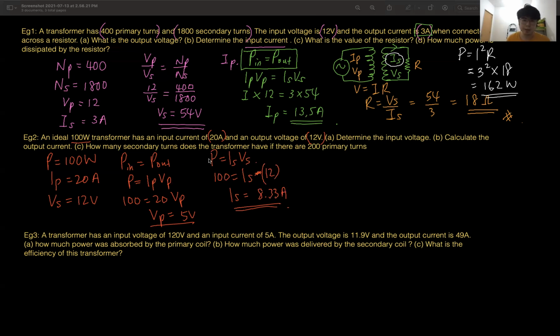And the last one, how many secondary turns does the transformer have if there are 200 primary turns? NP is 200. This one you calculate, you get 480 turns.